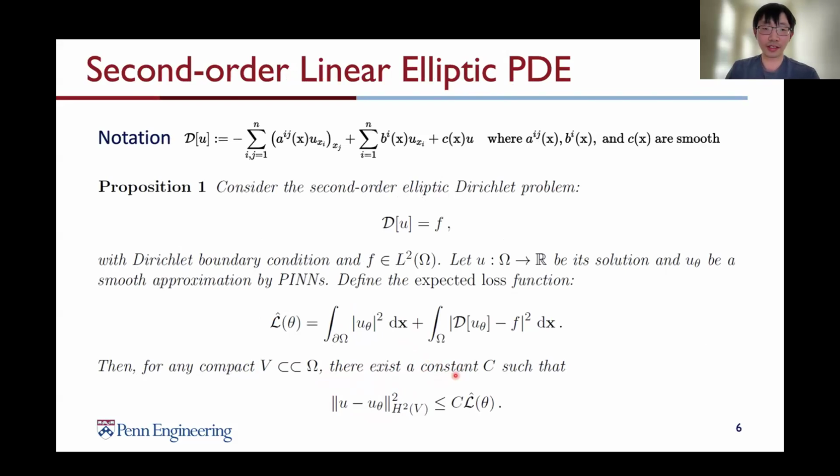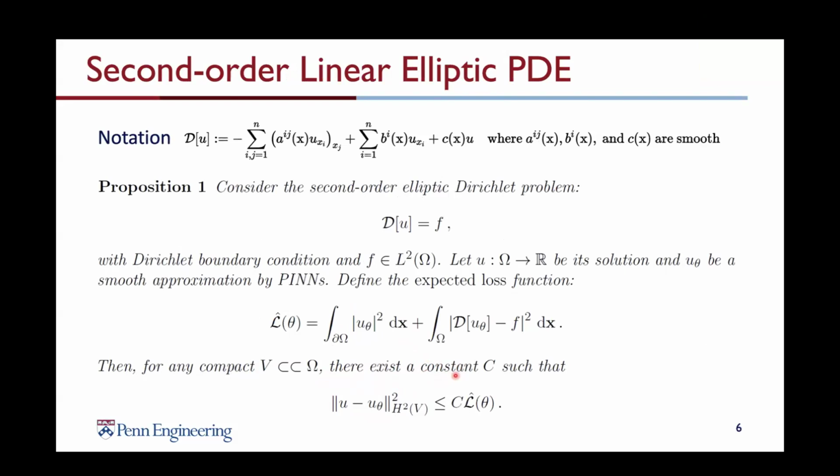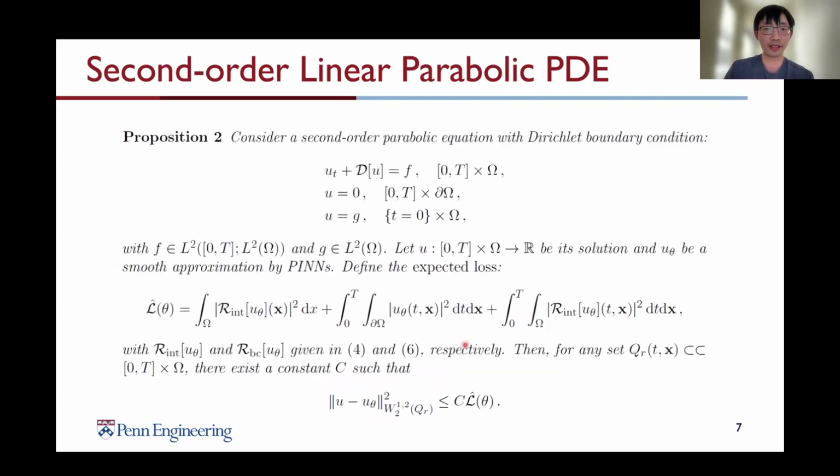Okay, so let me introduce another theorem. That's about the linear parabolic PDE. The results are quite similar. We can prove this inequality holds locally. Actually, the proofs of these propositions are not too hard. They are just simple applications of the existing PDE regularity theories.